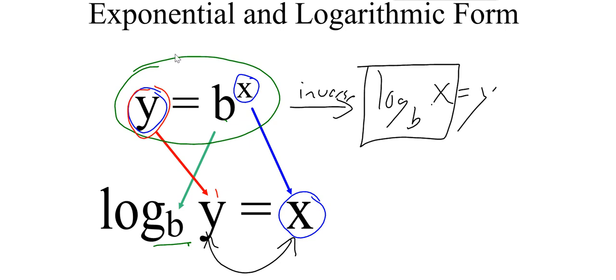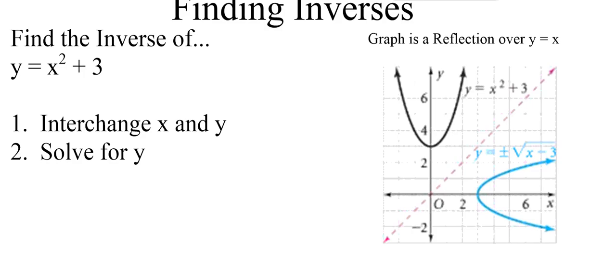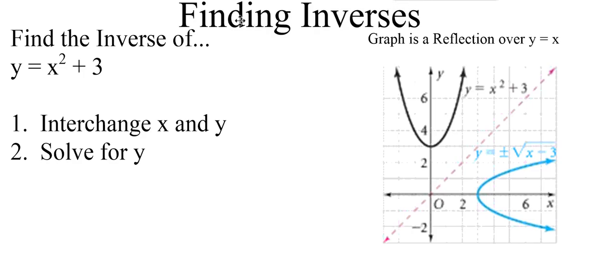Okay, so recall when we were finding our inverses. If I wanted to find the inverse of y equals x squared plus 3, the first thing I do is interchange my x and y, so I get x equals y squared plus 3. Now I'm going to solve for y, meaning I'm going to isolate y by itself.